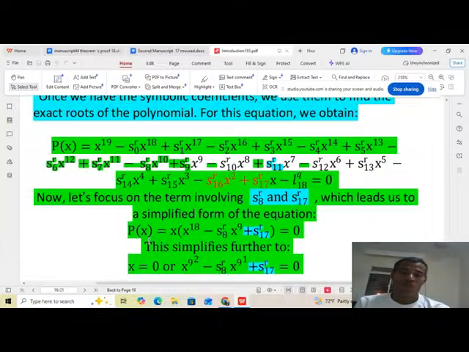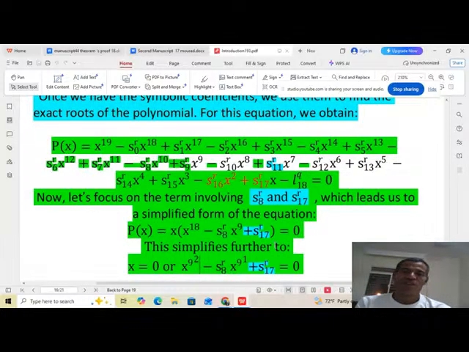So my equation has to be written as x times (x raised to the power 18 minus S8 x raised to the power 10 plus S17) equals 0. Why do we put x here as a common factor? Because the last term is 0. That's why x is a common factor, equals 0.